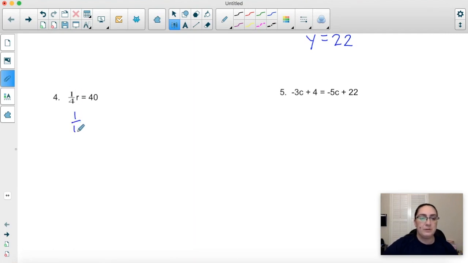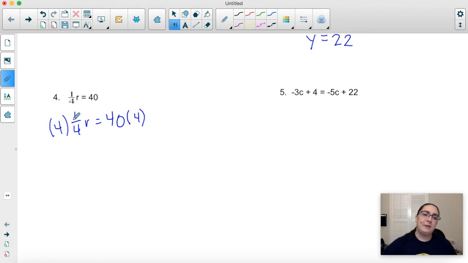So I'm just going to rewrite this. We have 1/4 r equals 40. And of course, the reciprocal of 1/4 is 4 over 1, which is still 4. And you have to multiply it to both sides. So over here as well, times 4.